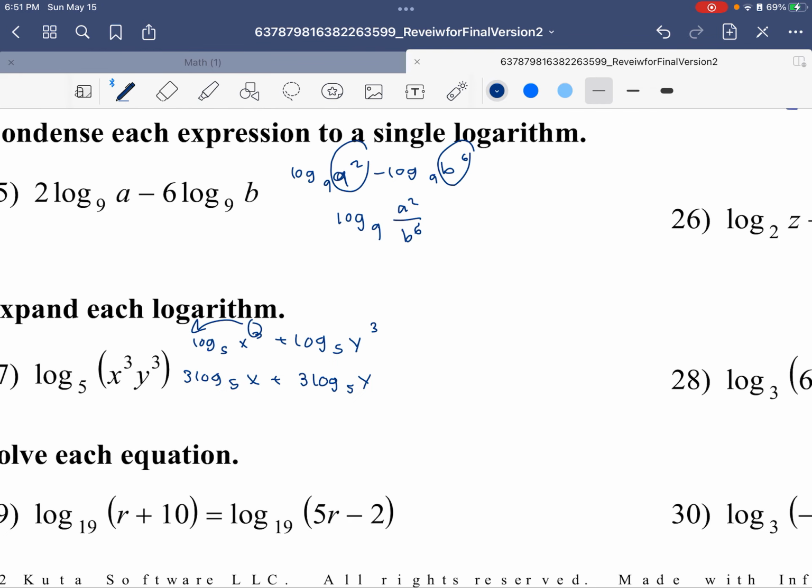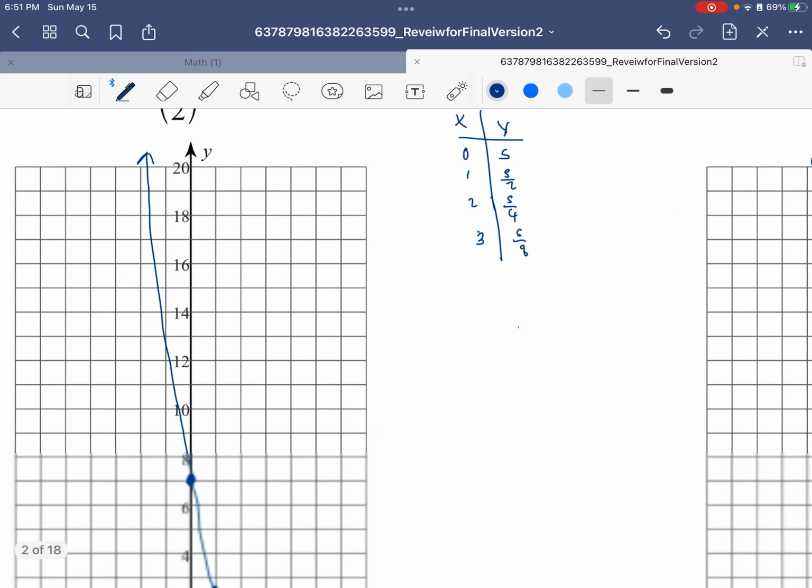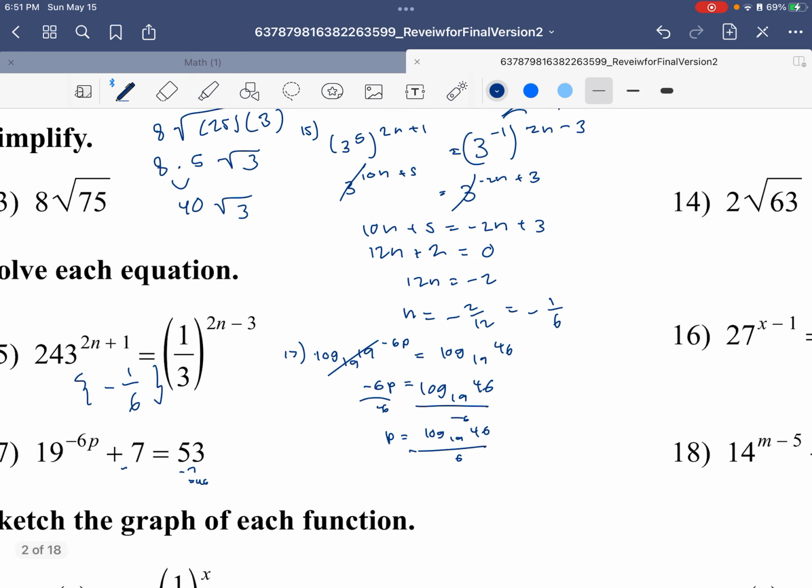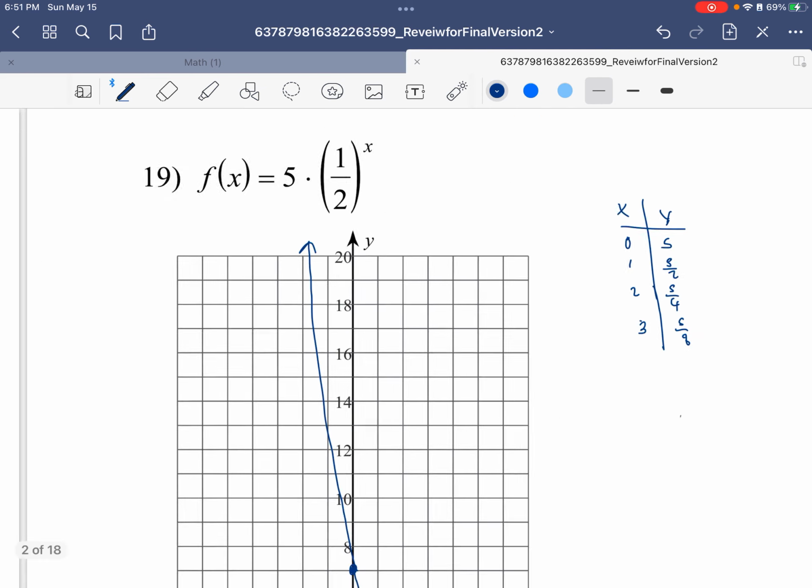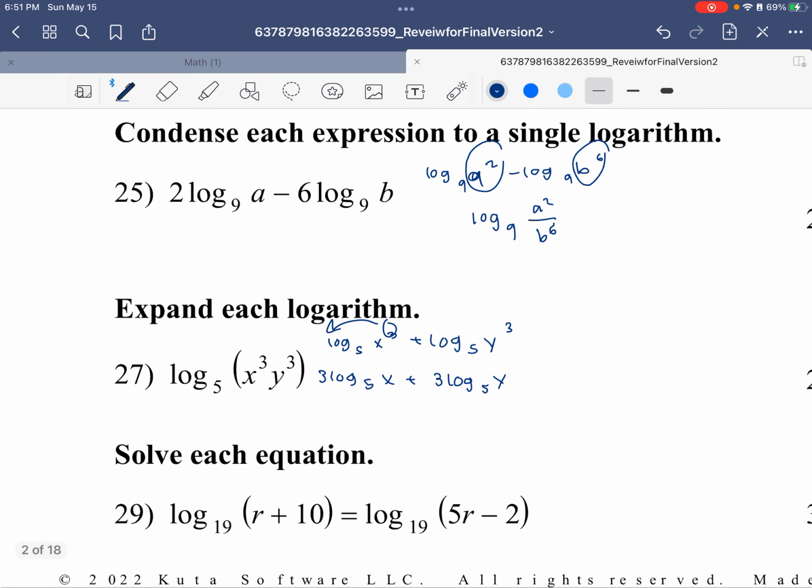Okay, so this down here is very similar to what we were doing up here, where when the base is the same, we can cancel it out and set the exponents equal. Or if the exponents are the same, we can cancel it out and set the bases equal. So here, this is convenient. We have log base 19 on both sides, so we can get rid of that.